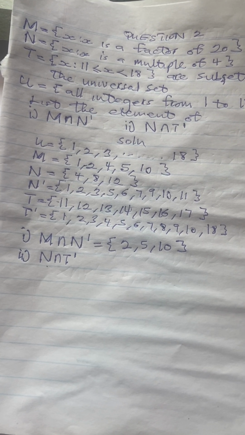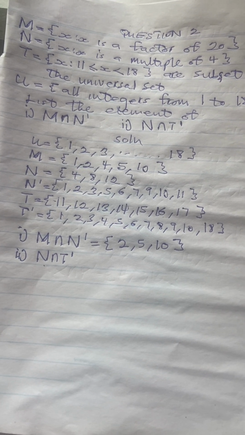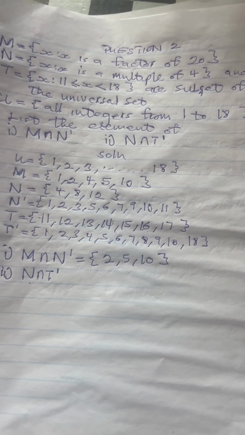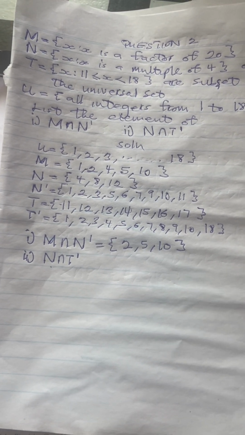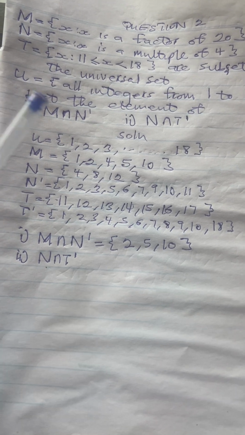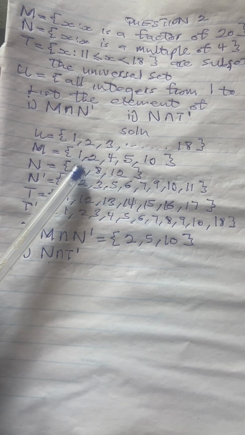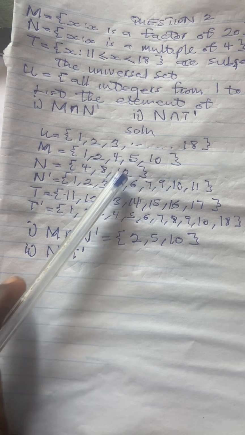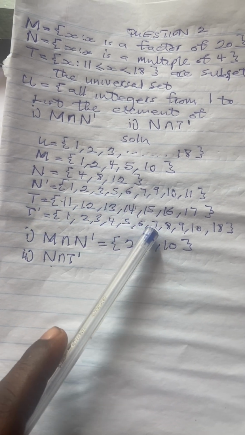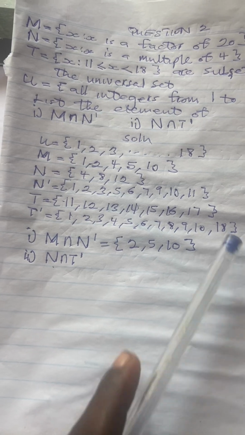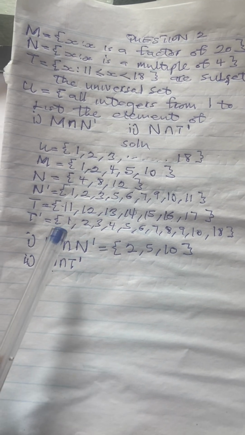So let's come to I plus n intersection t complement. So they are the numbers that can be found in the n set and the t complement set as well. So where is the n set? The n set have 4, 8, and 12. And the t complement set also have 1, 2, 3, 4, 5, 6, 7, 8, 9, 10, and 18. So which numbers can be found in both sets? 4.